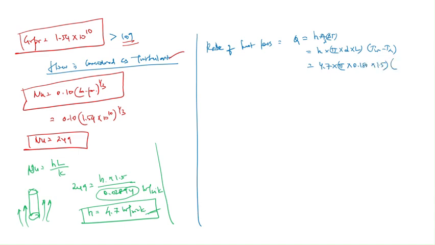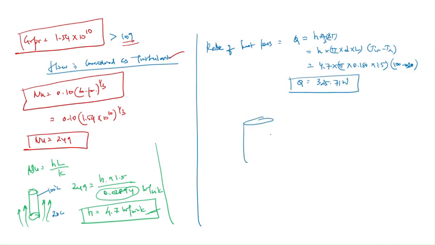Wall temperature is equal to 100 degrees Celsius, ambient temperature is 20 degrees Celsius, so 100 minus 20. Then after substituting these values, you may get Q, which is equal to 325.71 watts.